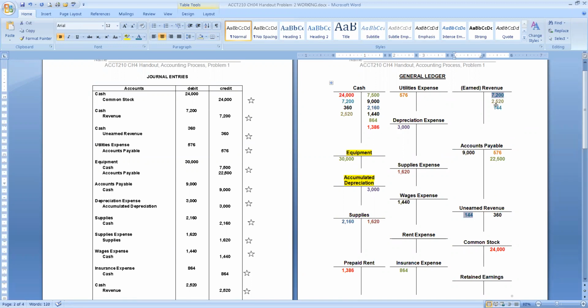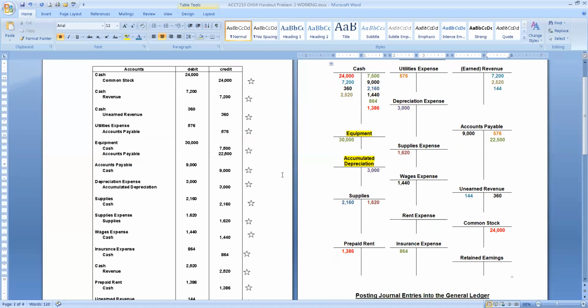So whenever we do our work, even whether we get paid or not immediately, we count that as revenue. So in this case, we did the work. We're going to count 144 of it as revenue. We still got to do some more work for them. We'll figure out how much later on, but we did the work for $144.